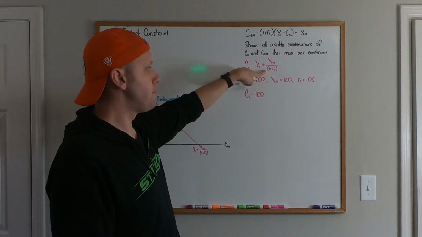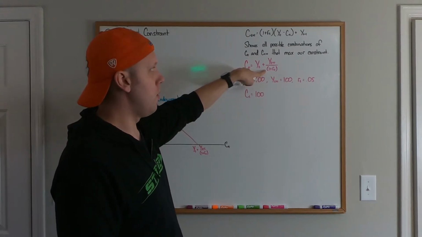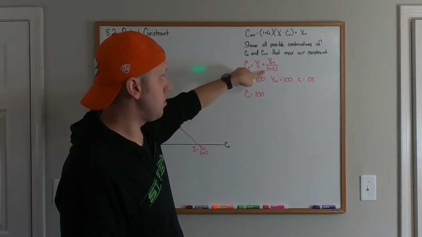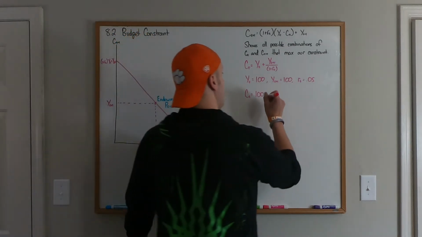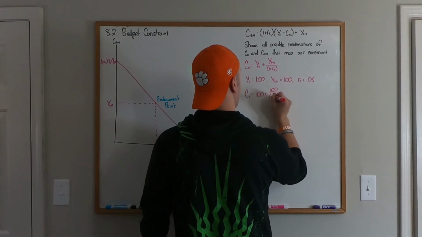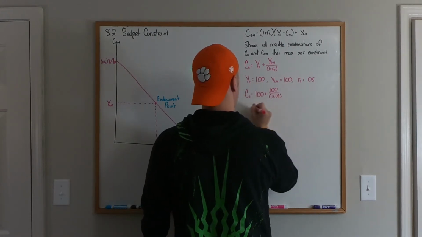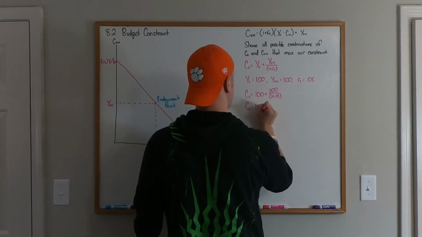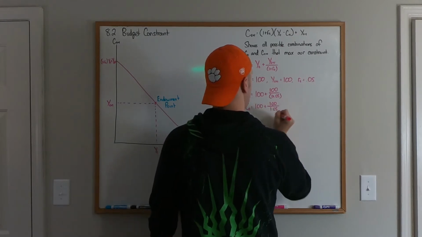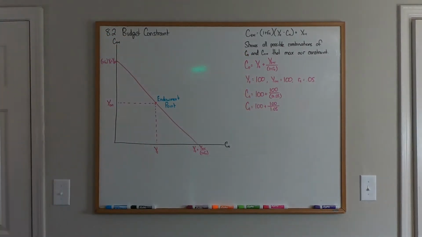So when you win the lottery, if you just want it all now, well, it would be like, if it paid over 2 periods, YT plus 1 over 1 plus RT. So I will add in 100 divided by 1 plus 0.05. So CT is equal to 100 plus 100 over 1.05. And I move over to my handy dandy calculator, which is attached to my phone. Give me one moment.